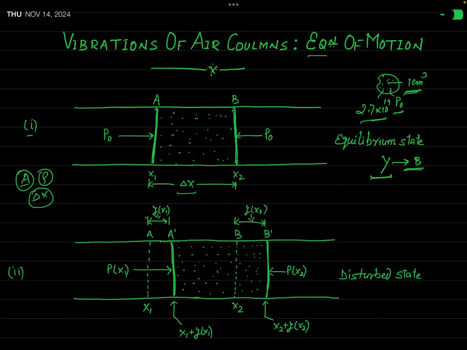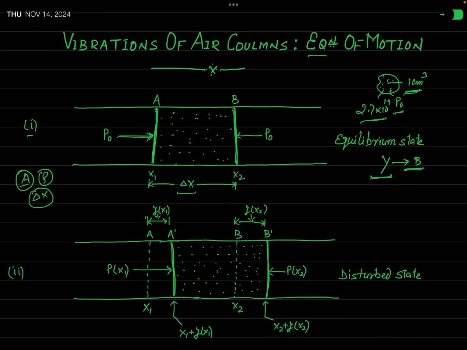Now, if both ends of this cylinder are open, then the pressure exerted on section A from outside will be just the atmospheric pressure.